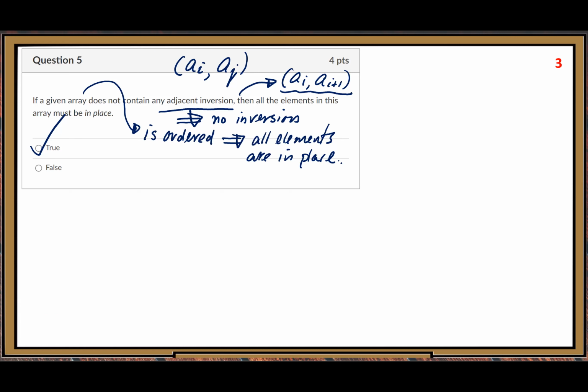The reason is the transitivity property.